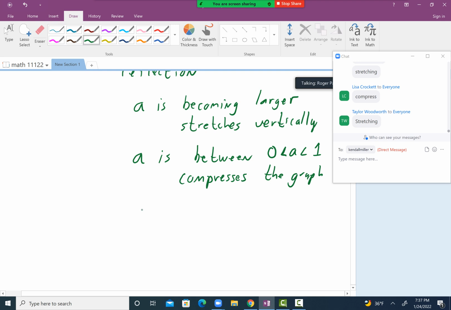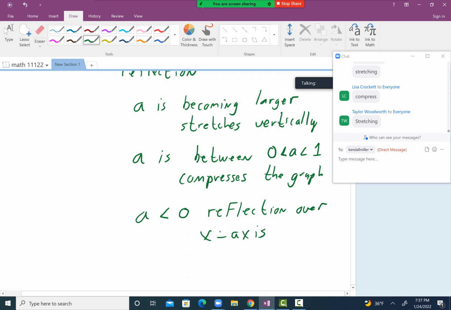What about if A is less than 0? Now we're talking about negative. What does it do then? The reflection over the axis. Yes, that's where you get your reflection over the x-axis.